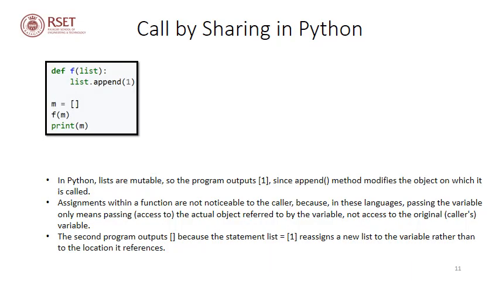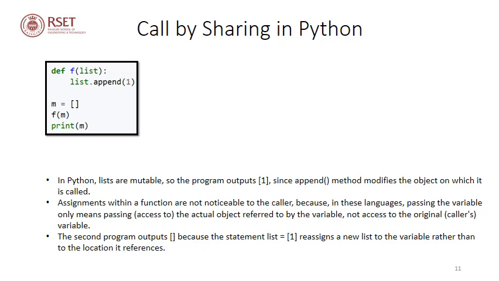Here we will see another example for call by sharing in Python. In call by sharing, when we pass an argument from the caller to the callee, we are sharing the object referred to by the variable and not access to the actual variable of the caller. So we will not be passing access to the actual variable, but we will be sharing the actual object referred to by the variable.